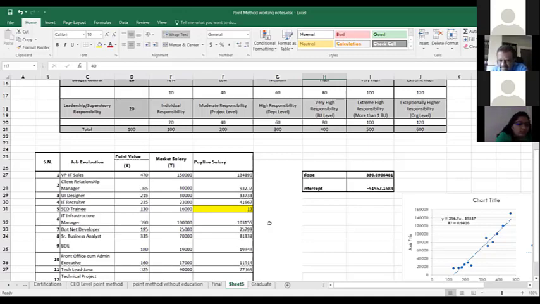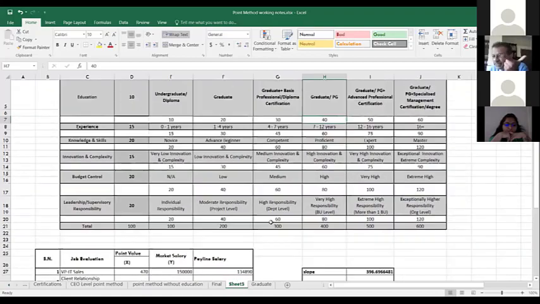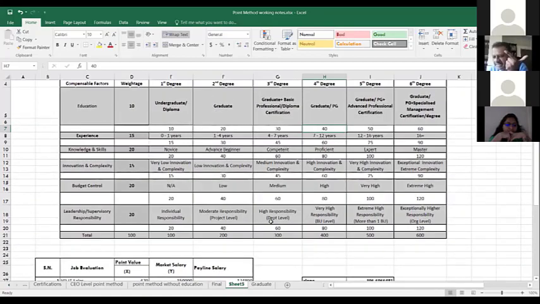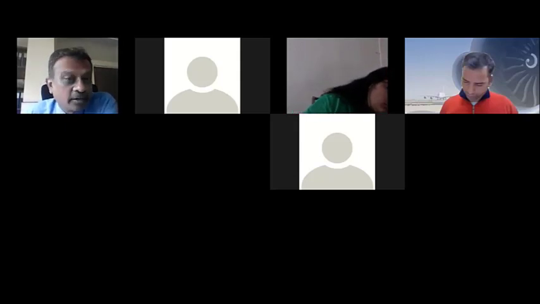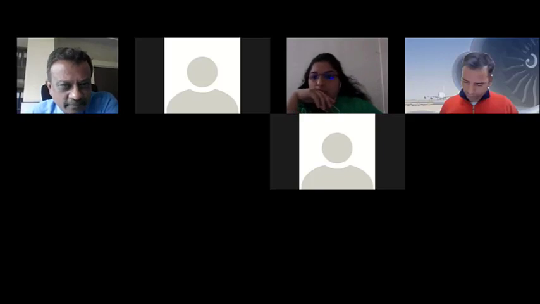It is more based on what other companies are paying and how much pressure I am putting on people to earn that amount. But normally, as a thumb rule, I don't prefer to go for a merit pay or variable pay component beyond 30% of fixed pay. So I try to look at whether a good performer, not the best performer, a good performer, would get 25 to 30% more. Okay, okay.